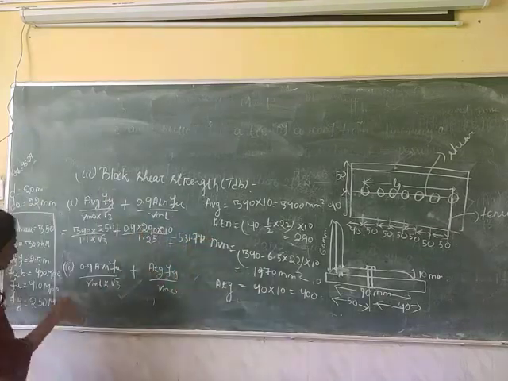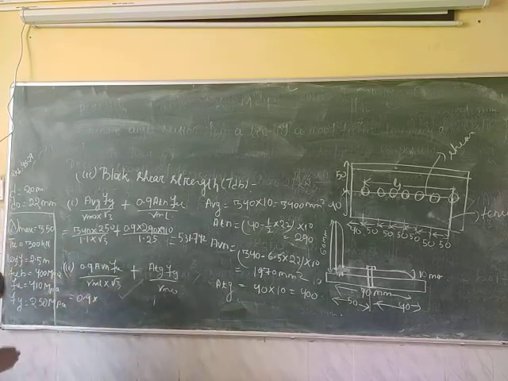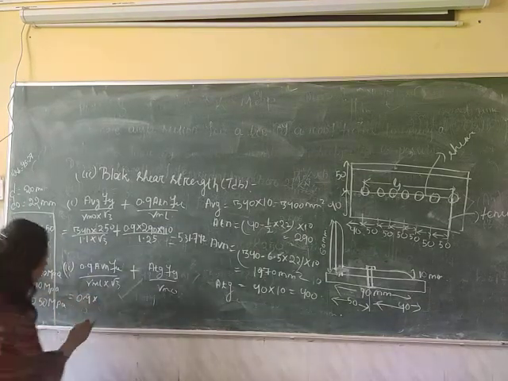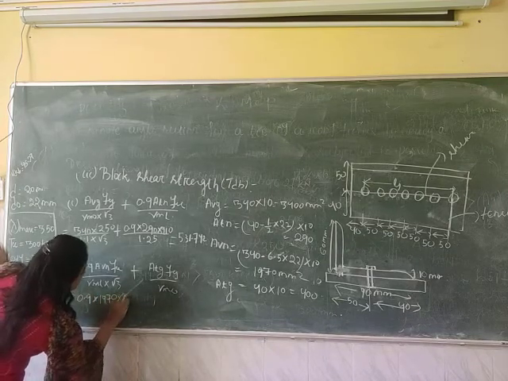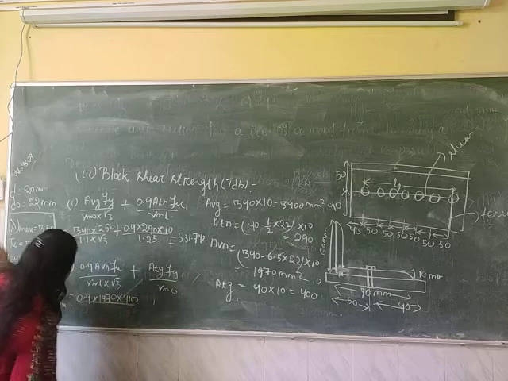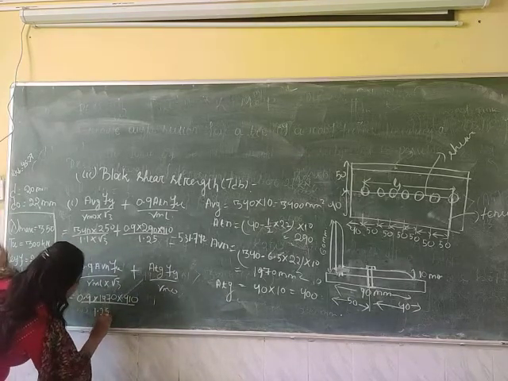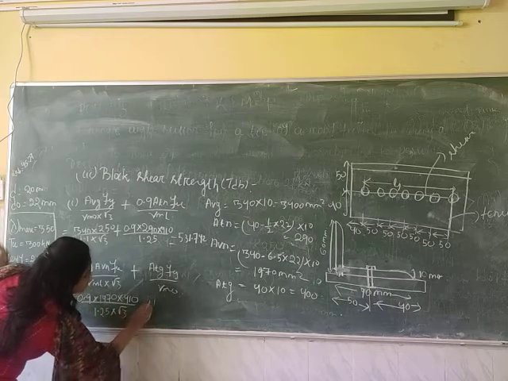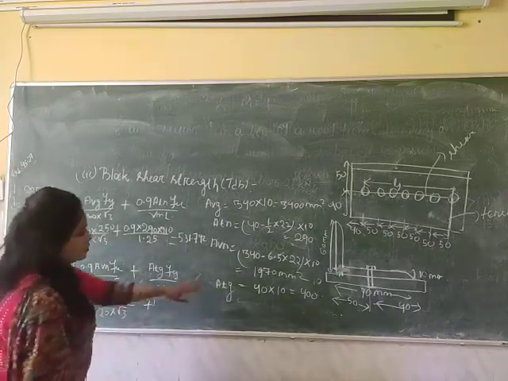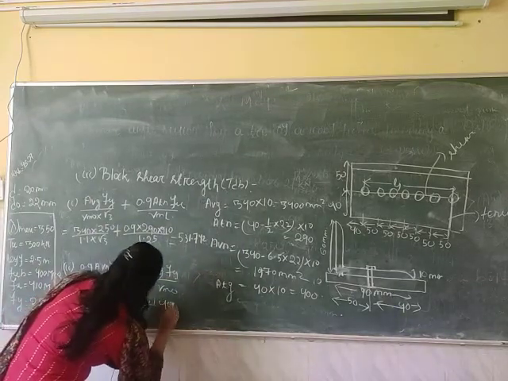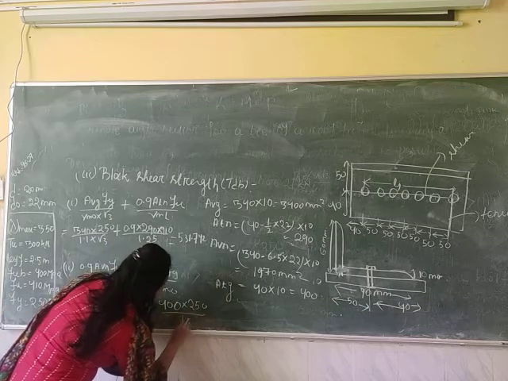kilonewton, and here put the values 0.9, AVN is 1970, Fu 410, gamma m1 is 1.25 into root 3 plus ATZ is 400 into 250, gamma m naught is 1.1.